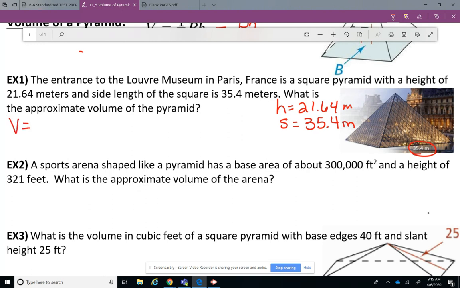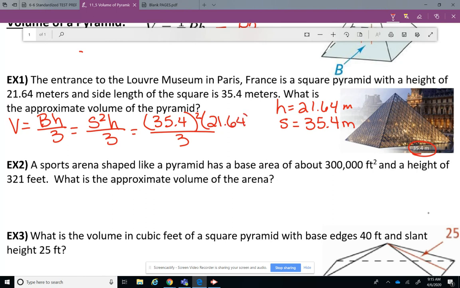So volume equals the area of the base times the height divided by 3. So the base is a square. So I'm going to do side squared times the height divided by 3. All right, the side is 35.4 squared. And then the height is 21.64.